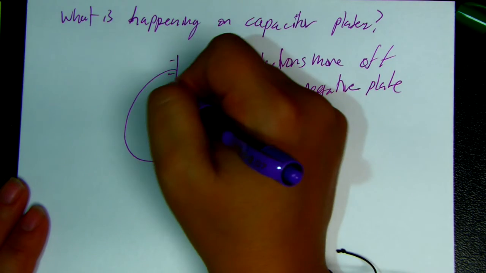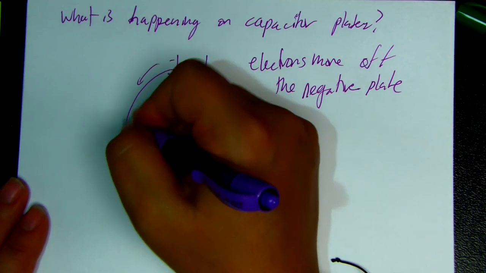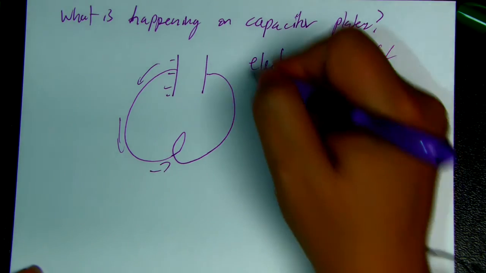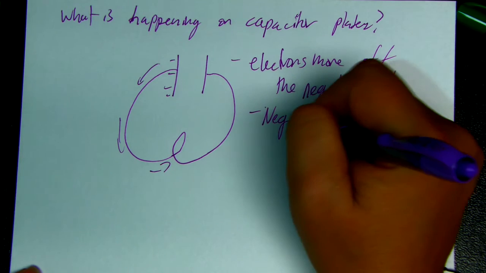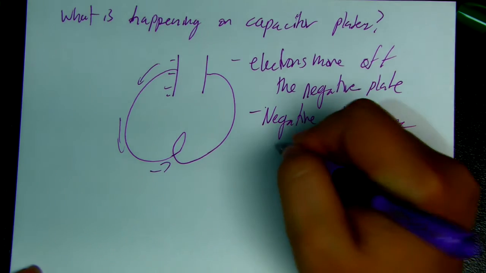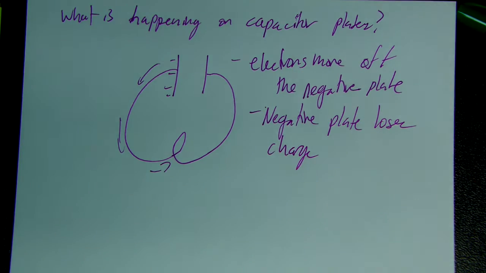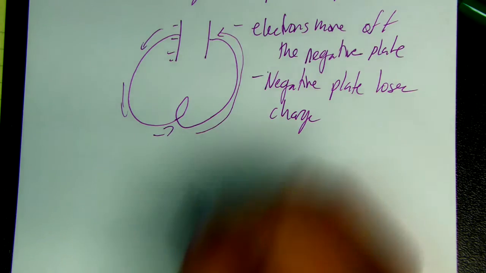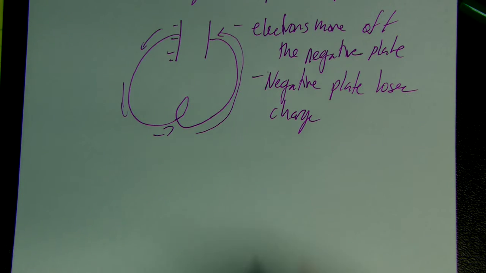And so if this is our negative plate, it's going to start to lose electrons as they start to move around the circuit. And then the negative plate loses charge. And then these electrons go around depositing themselves on the positive plate.